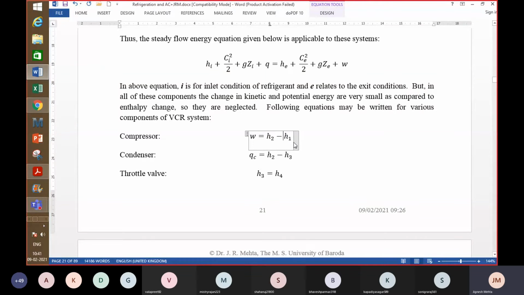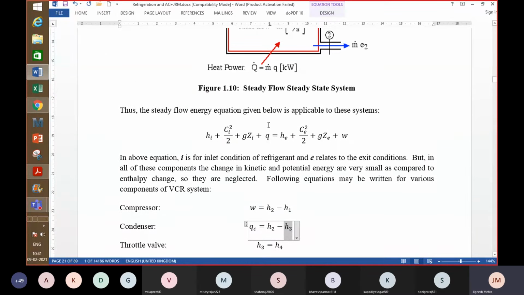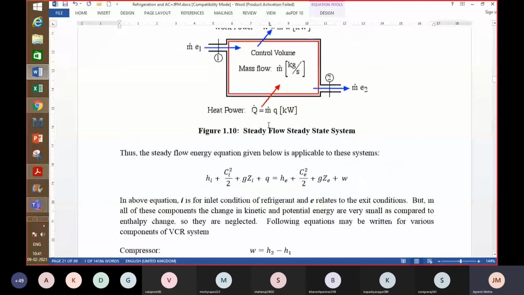So H2 minus H1 is the enthalpy change, it is equal to the work, in kilojoule per kg. Then the heat rejected in the condenser QC is equal to H2 minus H3, again higher minus lower, right? H2 will be higher and H3 will be lower, right?